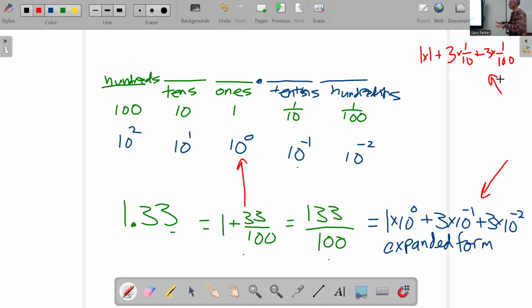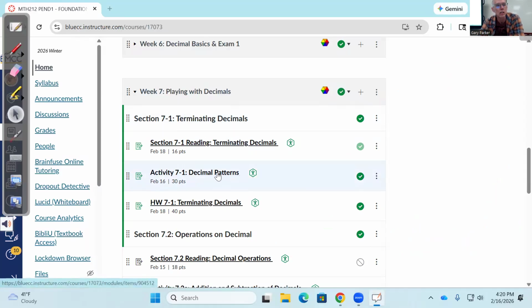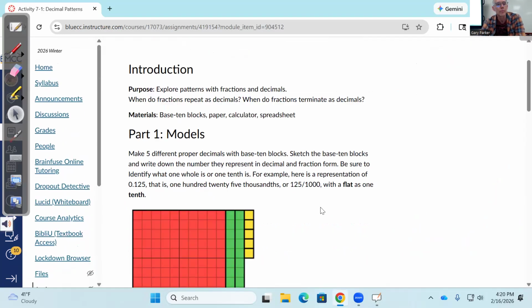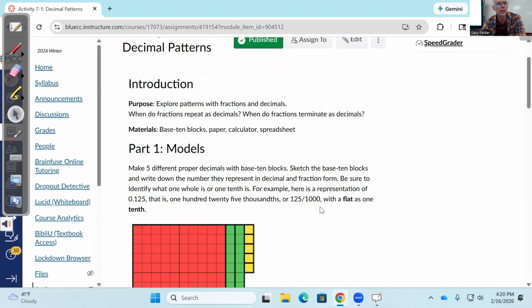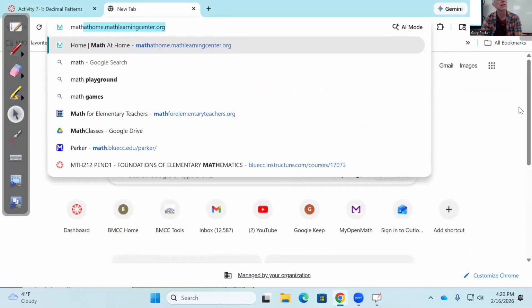Next, I just want to play with visual examples of them. So I passed out some base 10 blocks. So I'm going to grab my digital version here. Oh, I didn't link to it. Okay, let's go find it online. Got the Math Learning Center.